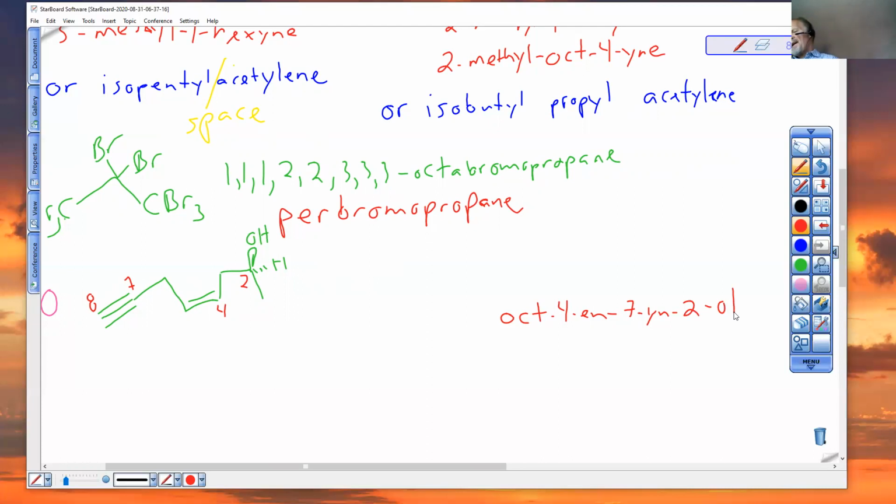And all that remains now is for our stereocenter and our double bond geometry. Stereocenter is on carbon 2. Double bond geometry is on 4. Stereocenter is S. Double bond is cis.